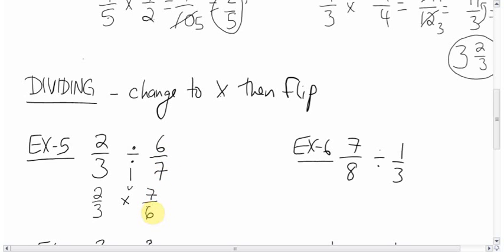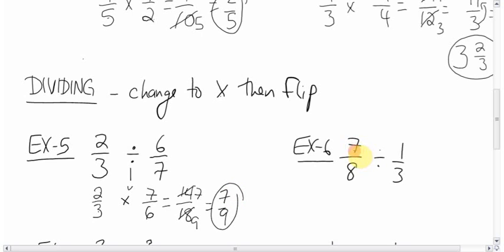Flipping this, you get this. Multiply and then flip, but you leave the first one. So when you multiply, 2 times 7 is 14, 3 times 6, 18. You look to reduce, you know that 2 goes in there 7 times, 2 goes in there 9 times, you get 7 over 9.